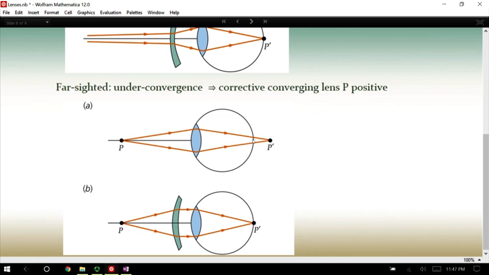So at the retina, it still looks like a blurry image. And how do you fix it? Well, you put a converging lens in front. If you put a converging lens in front, these seemingly divergent rays will start slightly converging before reaching the eye. And if they converge slightly before reaching the eye, the eye will then take care of the rest and make sure that the rays converge on the retina.